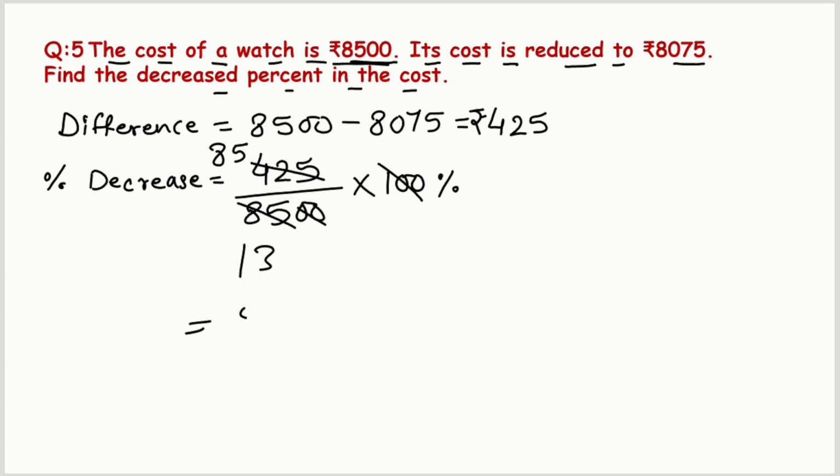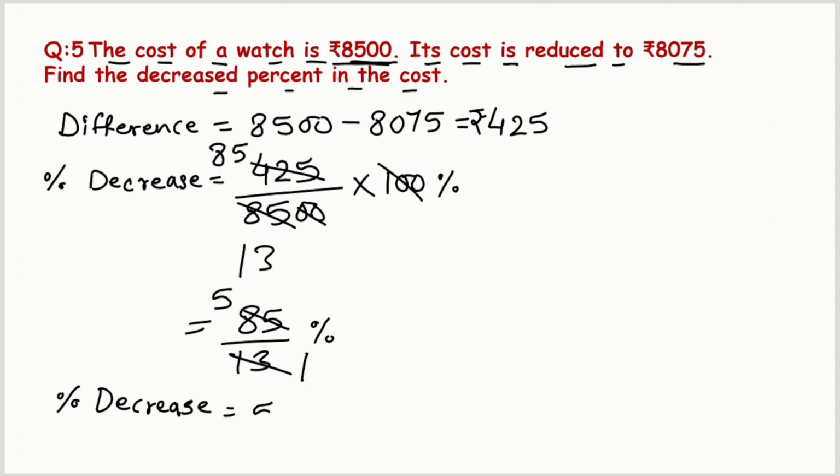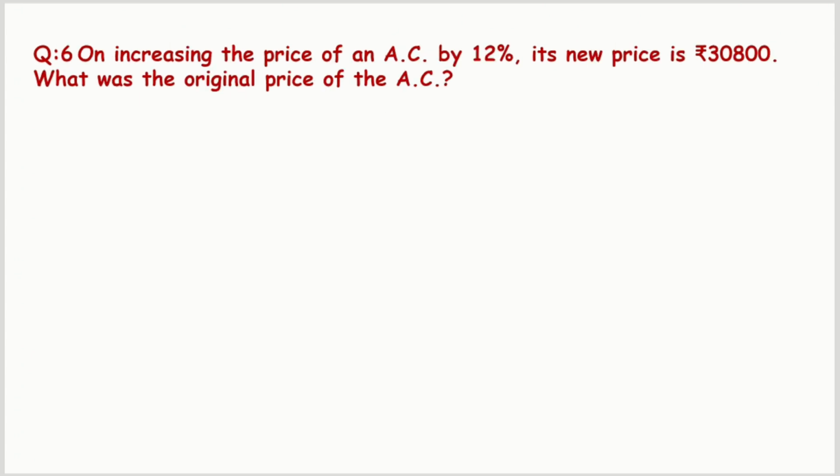So the number is 85 over 13. 13 times 1 is 13. 13 times 5 is 85. So percentage decrement is 5%. So here I have taken one more problem.